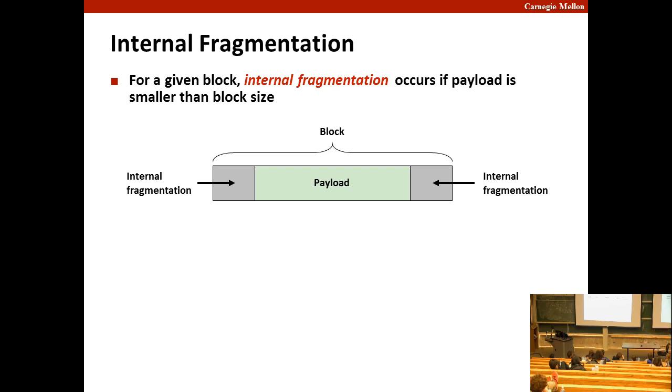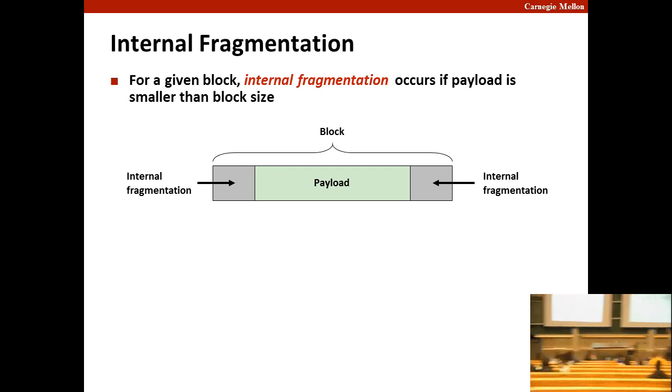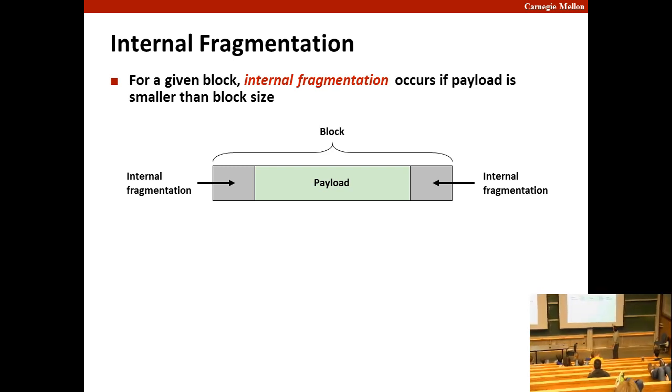So in this case, it's easy to see internal fragmentation. The header and the footer plus the padding. Why might I have padding? It can take several bytes of management to manage a single byte. I wouldn't want to have a 1-byte allocation if it takes me 16 bytes to manage it. I might as well just give you the byte.